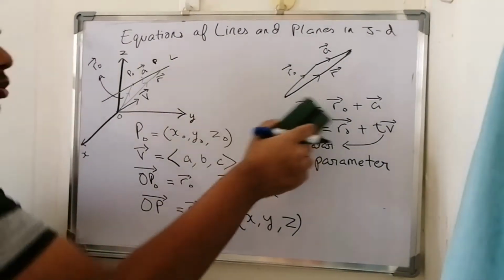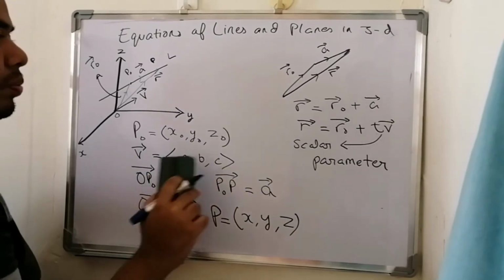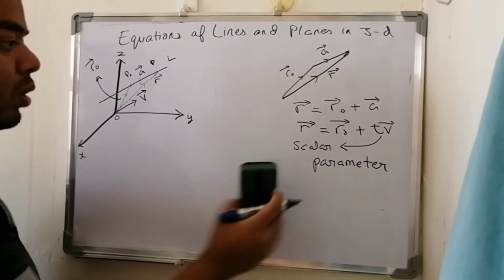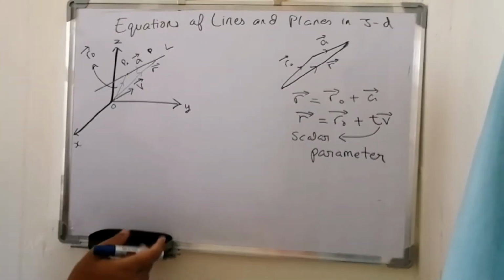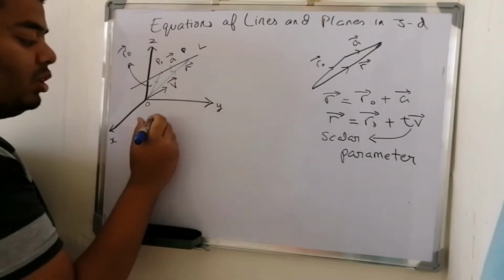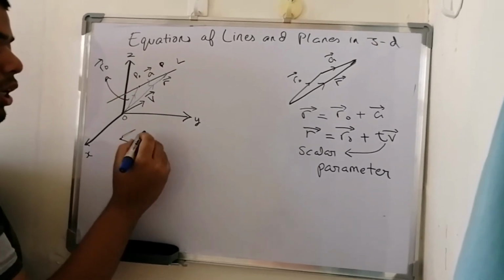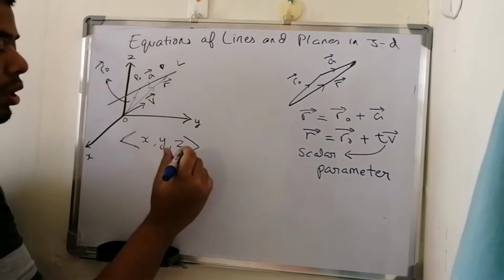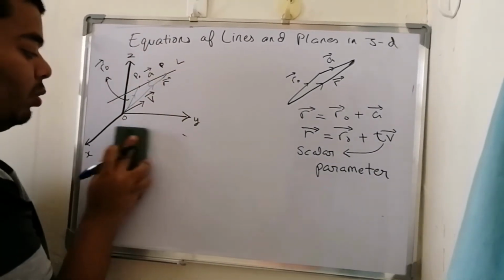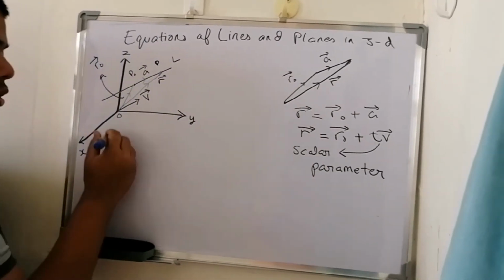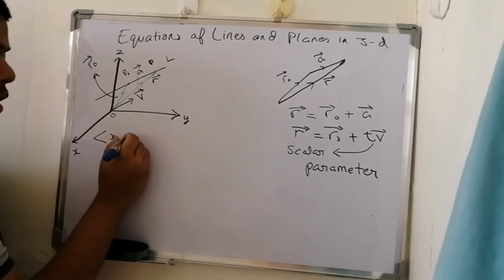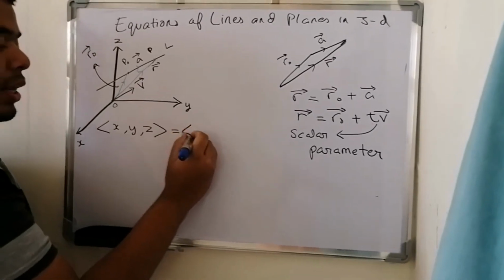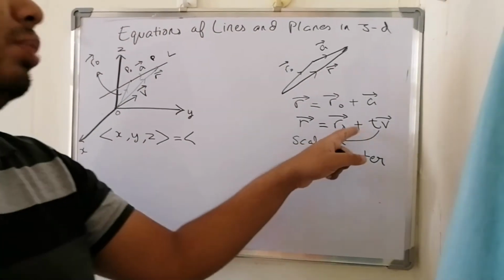Yeah, I'll remove this part. Now we know that we have been given the vector R. We can write the vector R as X, Y, and Z. Let me write a little bit smaller so that I can accommodate the equation in one line. X, Y, Z is equal to R naught plus TV.